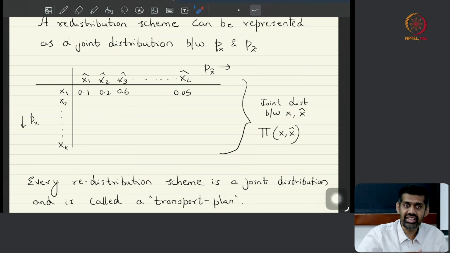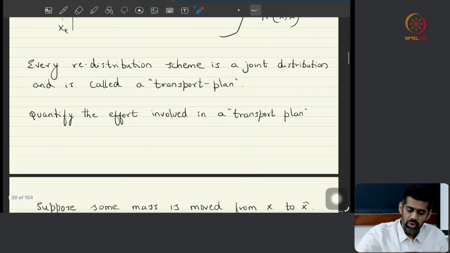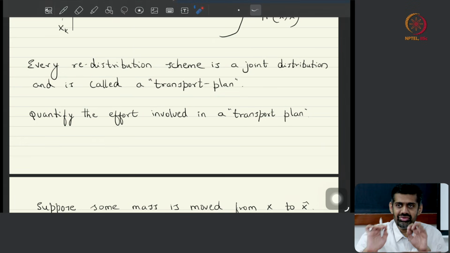You can have infinitely many such tables, because you can have infinitely many distributions such that the marginals are the given distributions. Okay, so every redistribution scheme is a joint distribution and is called the transport plan. Now the question is, we are converting one distribution into the other, and that is quantified using a joint distribution. What I am interested in is the effort associated with moving that mass so that it gets converted into the other distribution.